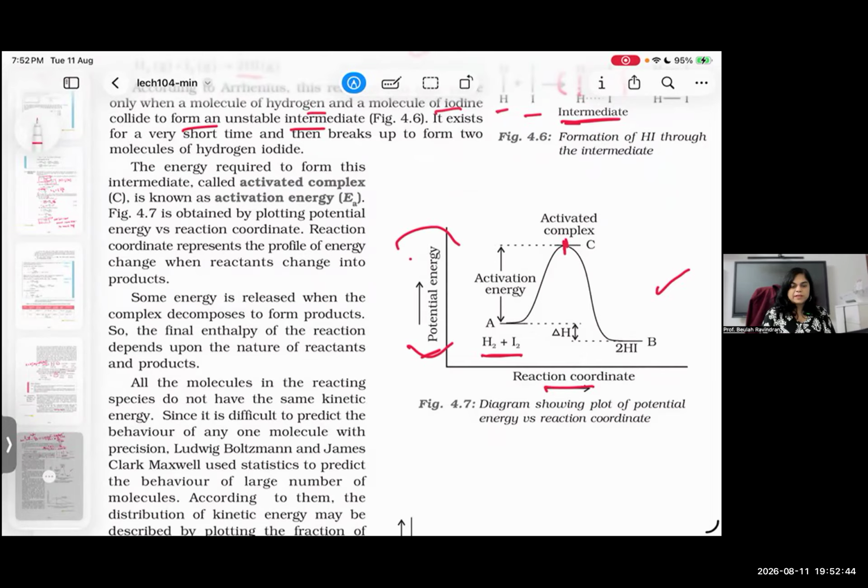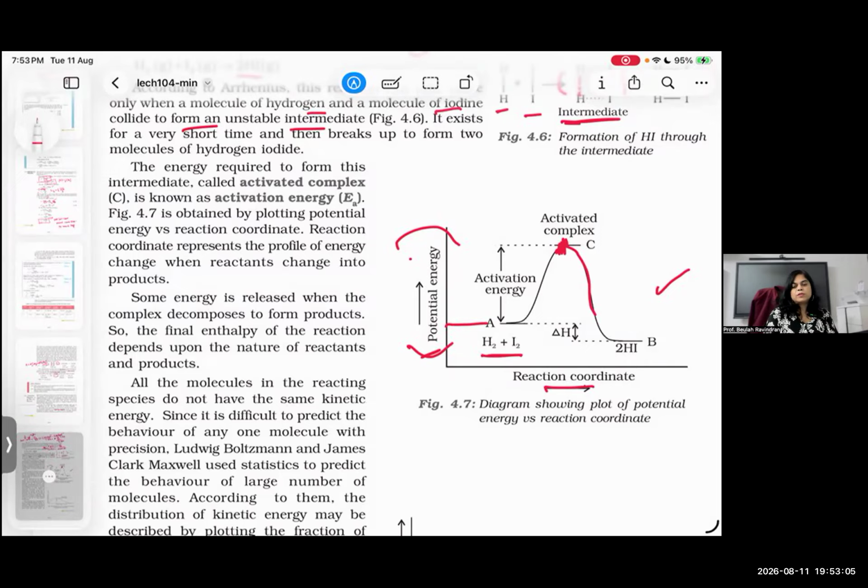Initially the potential energy is at this level and it is a little high, so energy is needed for the molecules to collide to form an intermediate compound, and then it slows down and goes down until this.